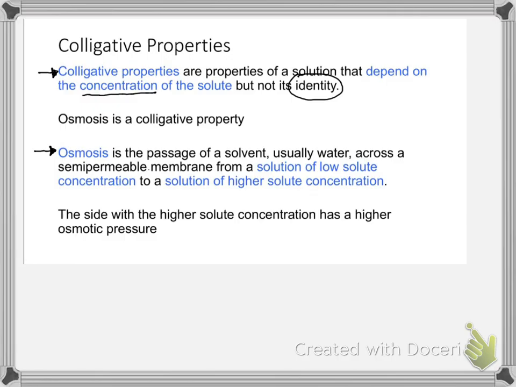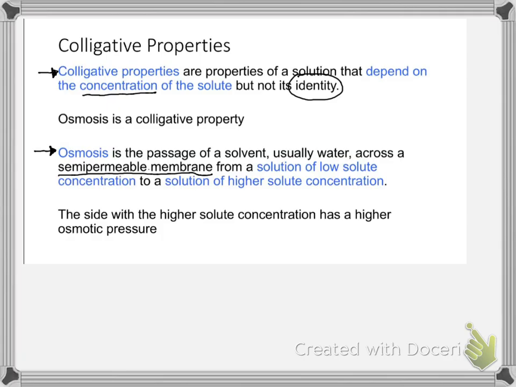We're usually talking about the movement of water. A semi-permeable membrane is a membrane that allows some things, smaller particles, to go through, but won't allow larger particles. So semi-permeable means that some things can permeate or go through the membrane. And we're looking at the concentration of the solute, not the concentration of the water.